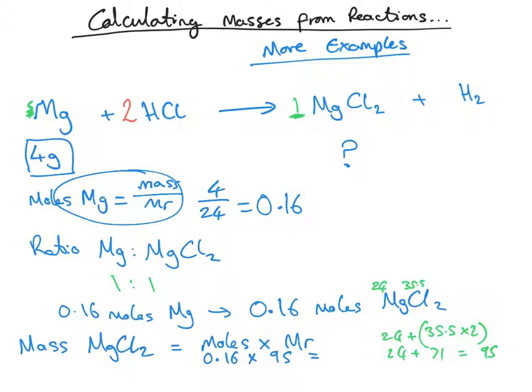And this will get me my answer, which equals 15.8 grams. So if you start with 4 grams of magnesium, you can make 15.8 grams of magnesium chloride.